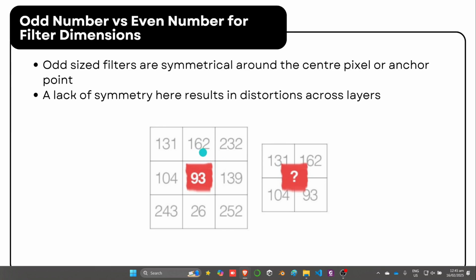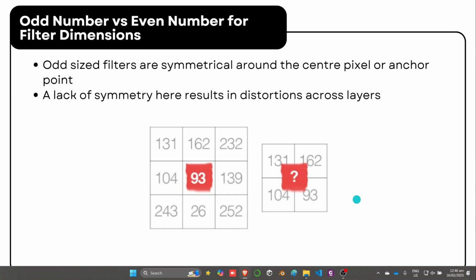Basically, it will mess up the symmetry of our filters. That will lead to distortions, and obviously it will lose information if we use an even numbered filter.